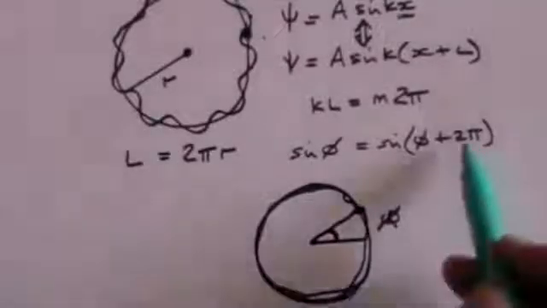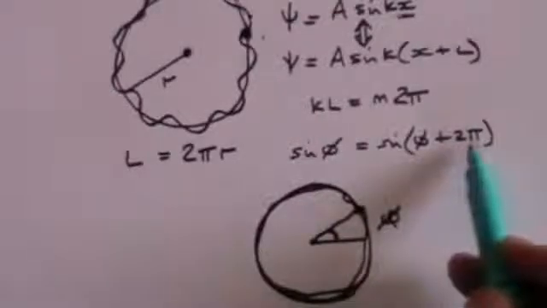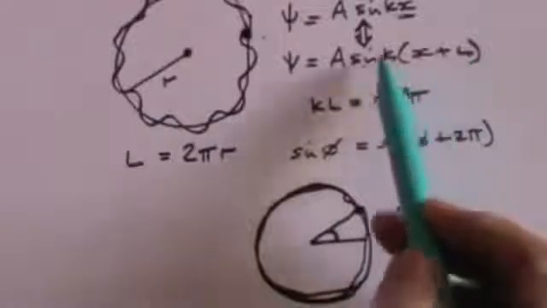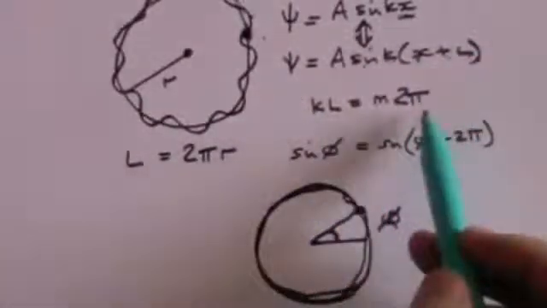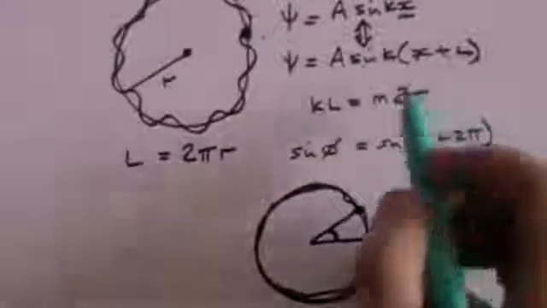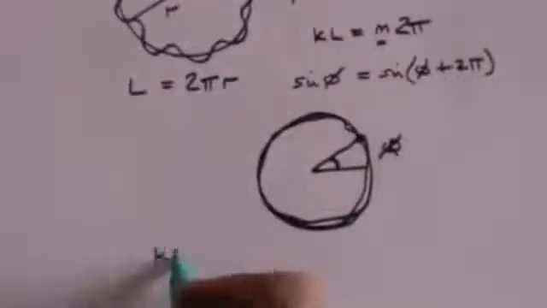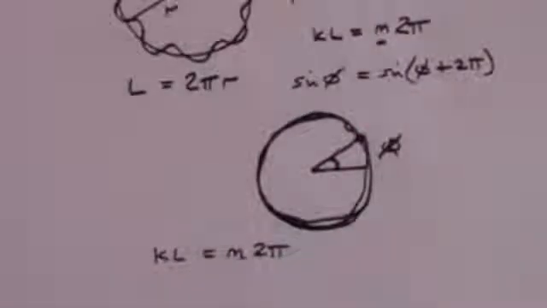So any multiple of 2 pi will have the same effect. So where we've got psi as a sine of k into x plus L, that's sine of kx plus kL, and kL has to have the value of an integral number, m, an integer, of 2 pi. So kL must equal an integral value of 2 pi.